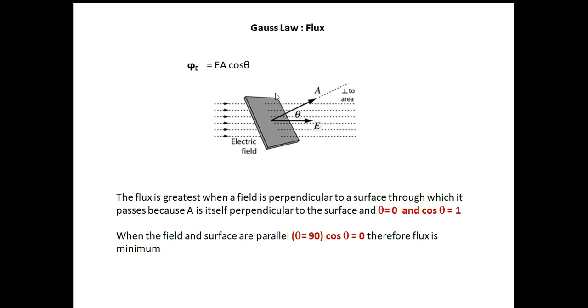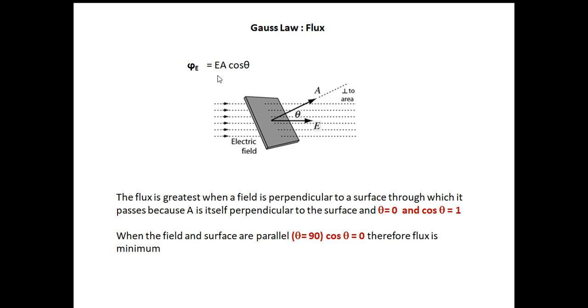So this slide will make it clearer. This is my electric field going this way, and there is a virtual surface here. Now see, this is my electric field direction and this is my area vector direction, and this is the angle between the two. This is my theta.